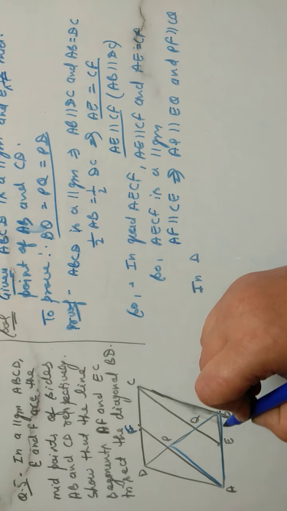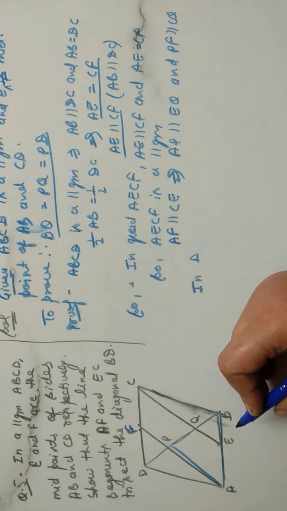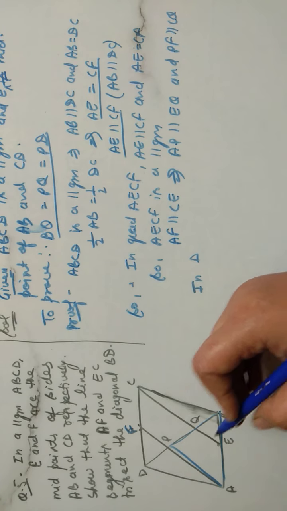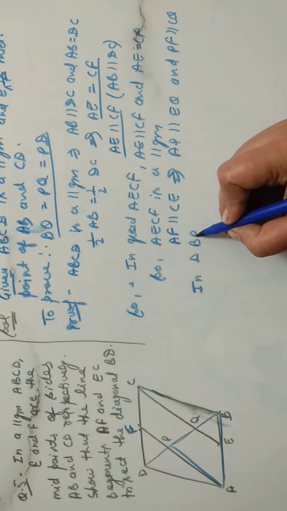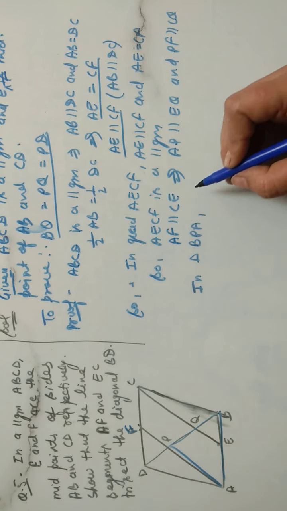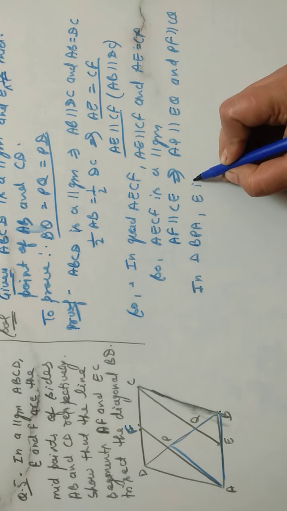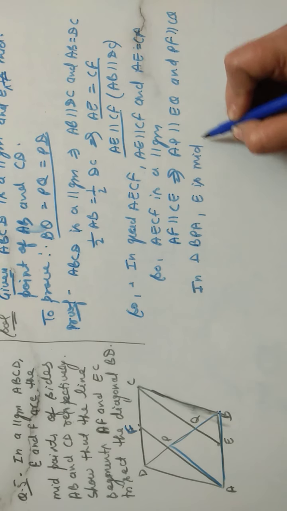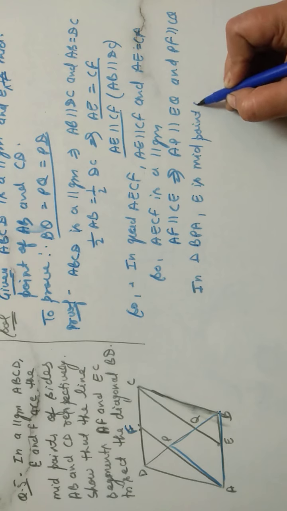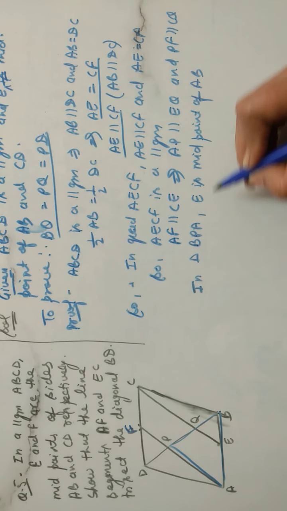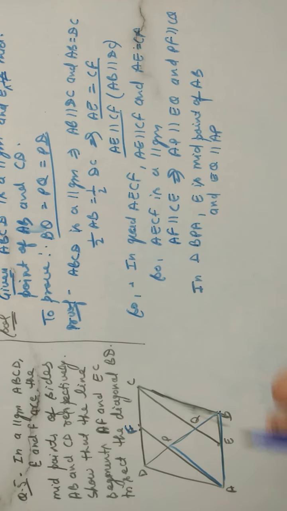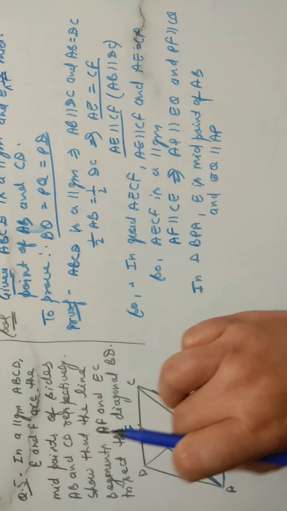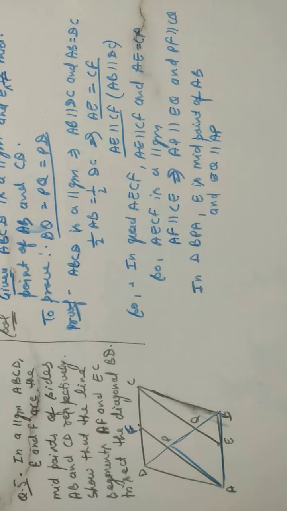In triangle BPA, E is the midpoint of AB and EQ is parallel to AP. E is the midpoint of AB, as well as this line AP is parallel to this EQ.